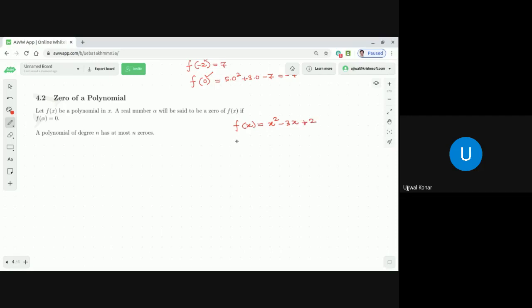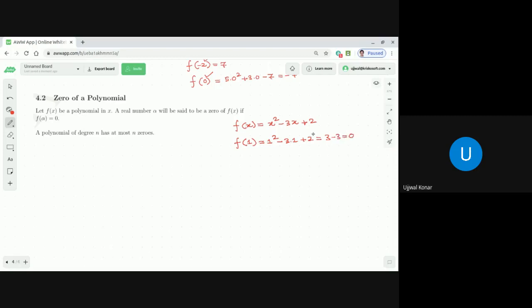Now let us find the value of f(x) at x equal to 1. If we get that value of f(x) at x equal to 1 equal to 0, then we can say that 1 is a zero of that polynomial. What we are going to get? 1 square minus 3 into 1 plus 2, that is 3 minus 3, that is equal to 0.